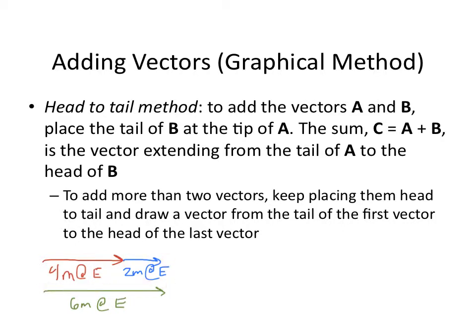But it's just as true to add vectors together if they are not in a straight line, if you put them, as we say, head to tail, whereas the tail of one vector goes at the head of the previous vector.